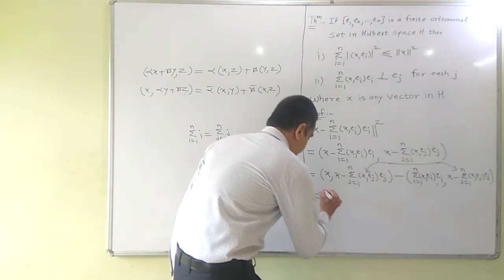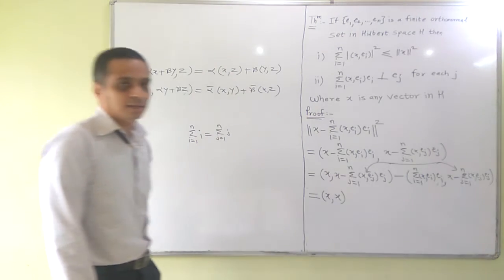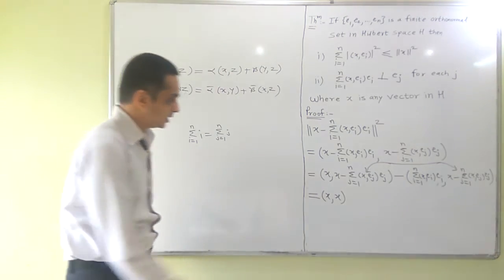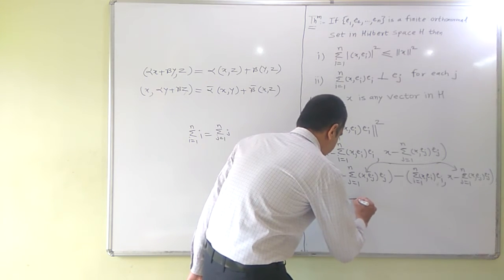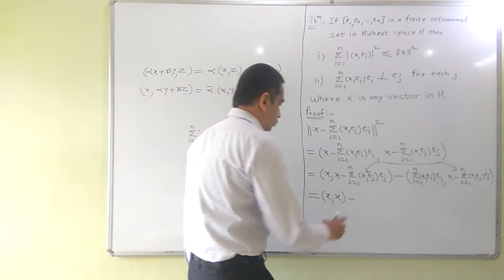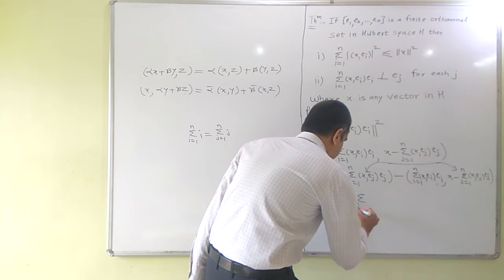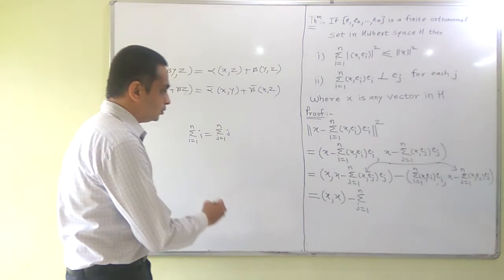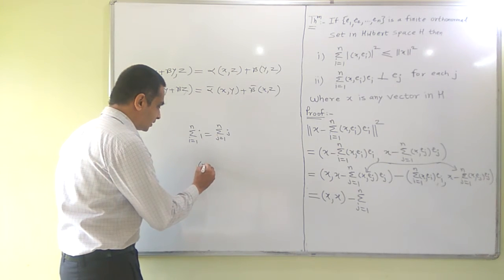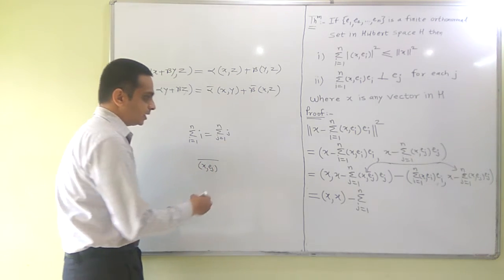Now further simplification: this is equal to the inner product of x and x, minus, it will be a conjugate because it is in the second part, the sum j equals 1 to n. What is the conjugate of inner product x, ej? It is inner product ej, x.